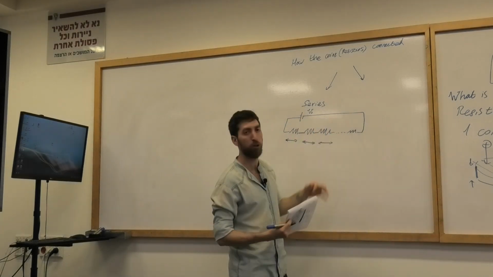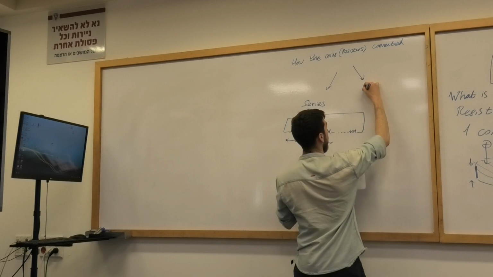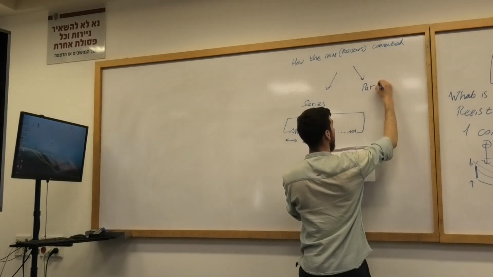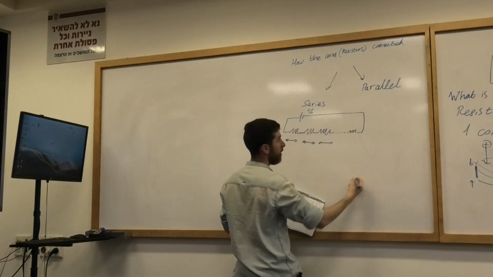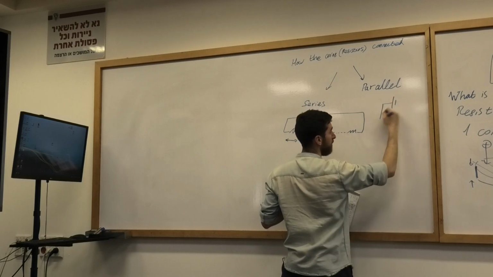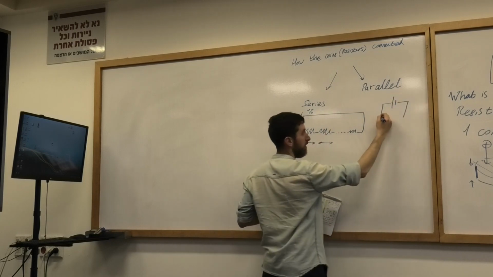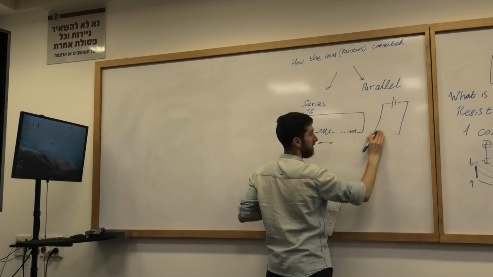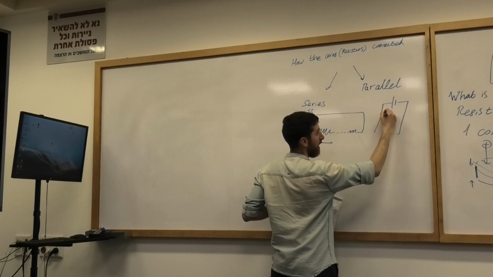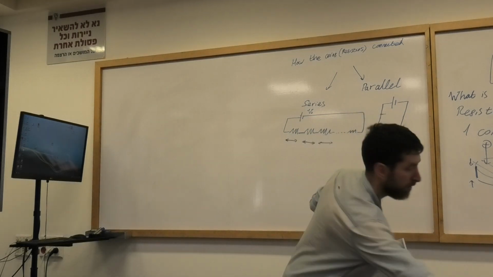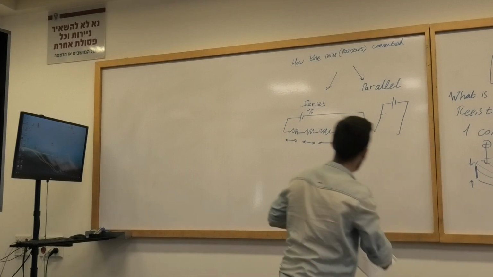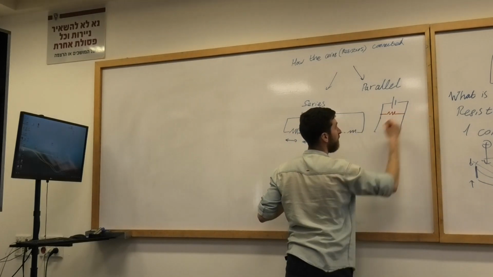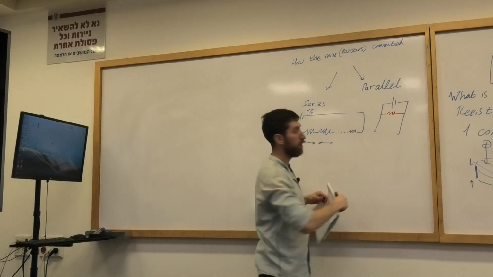And what is the other method that we have? Parallel, and parallel is exactly the opposite. You have a battery, and this terminal is connected to a resistor. So what is the voltage on this resistor?